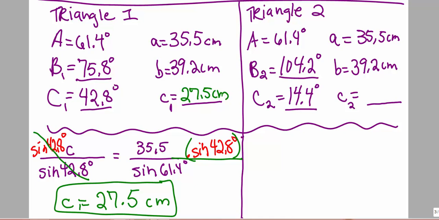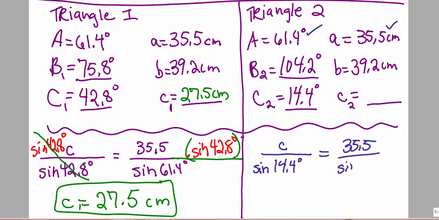Now in triangle 2, we have a different scenario. We're going to solve for side C, and this time we're going to put side C divided by sine of angle C. Now within triangle 2, angle C is 14.4 degrees, equals, and we're going to use the two knowns that we were given originally, angle A and side A. So once again, we're going to do 35.5 divided by sine of angle A, 61.4 degrees.